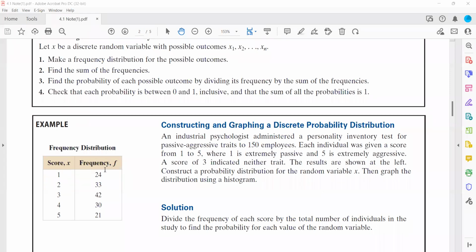The frequency, or the count, is the number of people who got each score. 24 people got score 1, which means they are extremely passive. 33 people got score 2. 42 people got score 3. 30 people got score 4, and 21 of them got score 5.